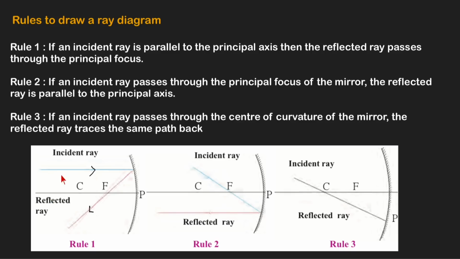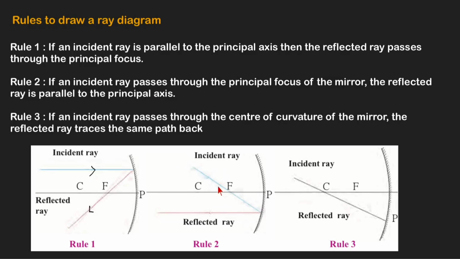Here, what the rule says is: when the ray is parallel to the principal axis, it will be reflected through the principal focus. Now the second rule: if an incident ray passes through the principal focus of the mirror, the reflected ray is parallel to the principal axis.